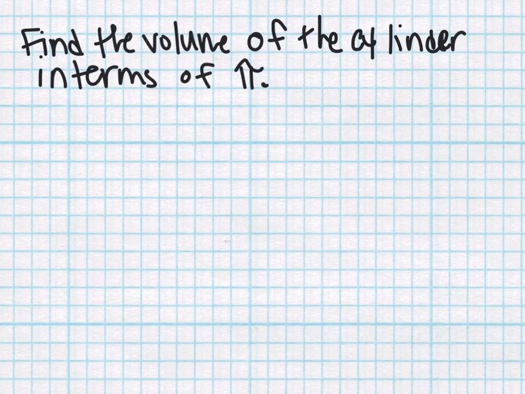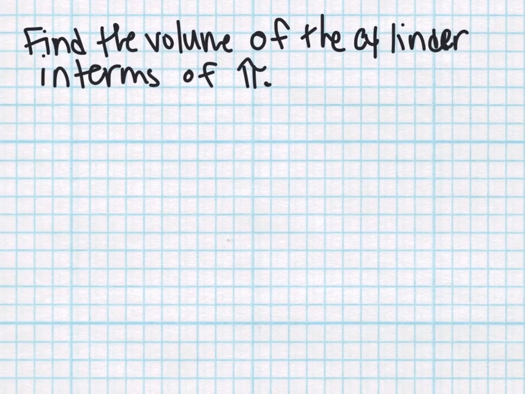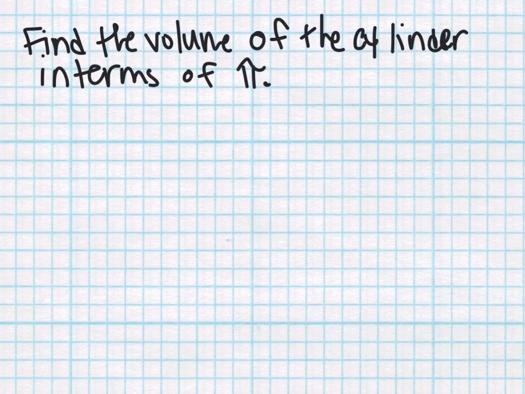So if you hear me say in terms of pi, that means we're going to just leave pi in our answer. Don't have to do a big giant calculator. So let's draw this cylinder.